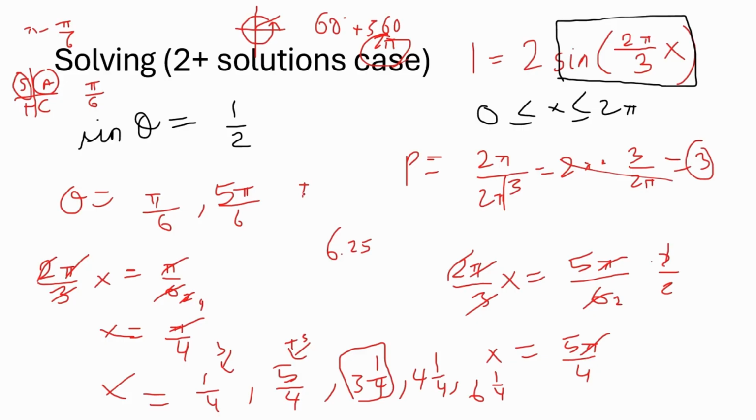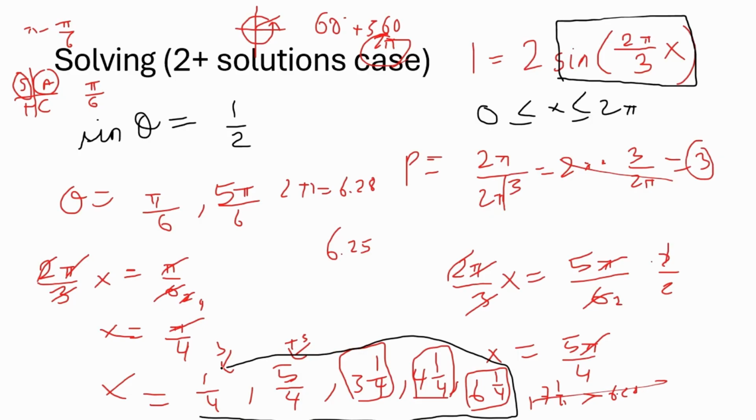But what is 2 pi? 2 pi is 6.28. So even this answer is valid. If we add 3 to 4 and 1/4, we get 7 and 1/4, but that is greater than 6.28, so that's not a valid answer. So there's actually 5 valid answers in this case.